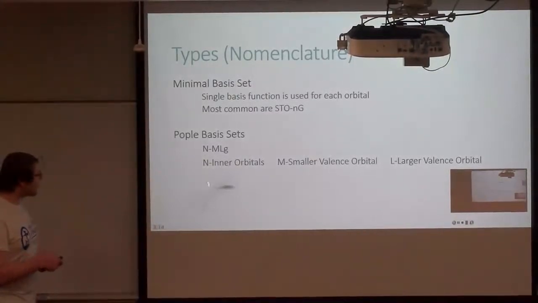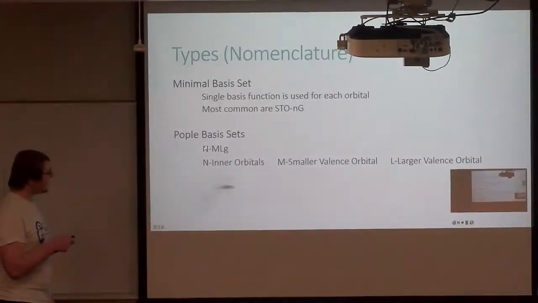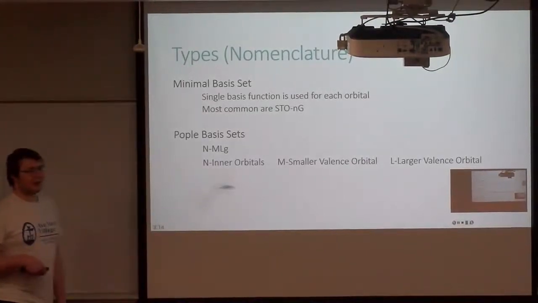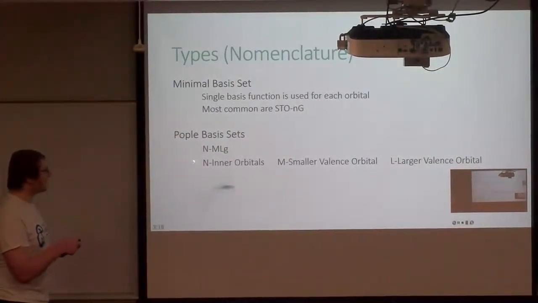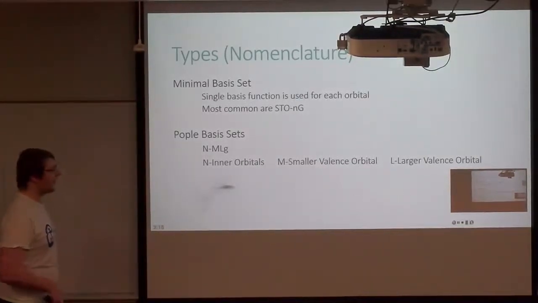There's the Pople basis sets, which have the NMLG nomenclature. Each of these N, M, L are different numbers indicating different minimal basis sets that are used individually and applied individually to the inner orbitals, small valence, and large valence orbitals.